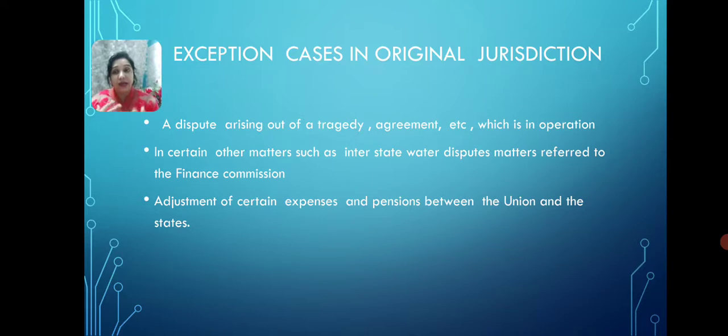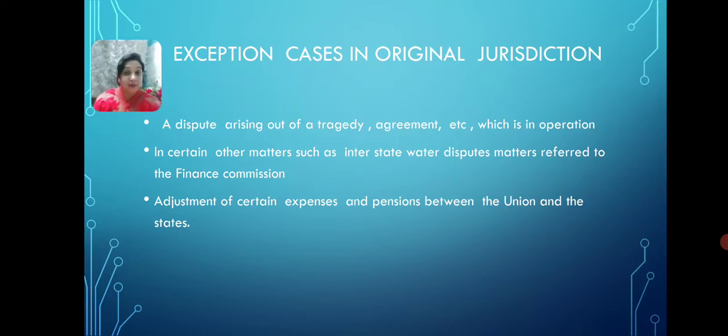Dispute means fight, argument, disagreement of opinion. So the dispute arises out of a treaty or agreement, etc., which is in operation. In that case, the Supreme Court has been given exclusive original jurisdiction in any dispute, meaning it has the right to interfere. Then second, certain other matters such as interstate water disputes.